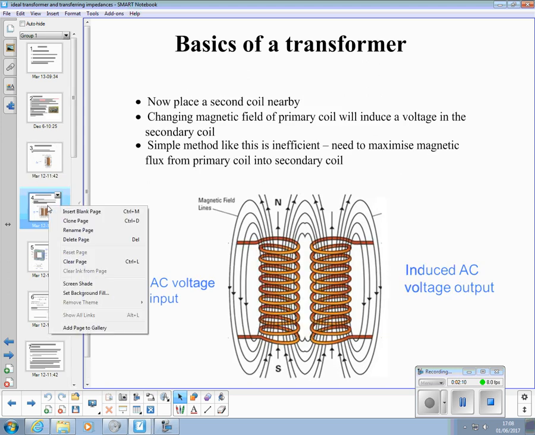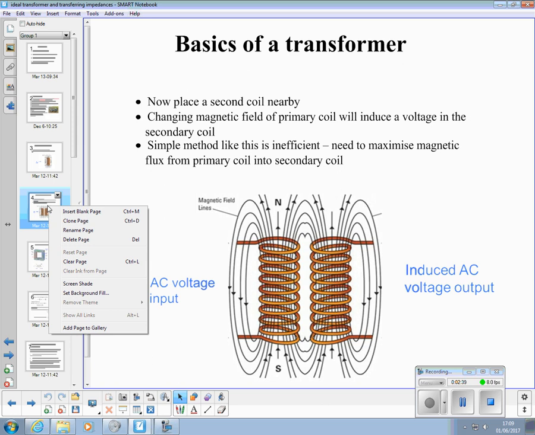If we then place another, secondary coil in close proximity to the first one, with no electrical contact in terms of conduction of electricity, the expanding and collapsing magnetic field in the first coil is cutting across the conductors in the second coil, and that induces a voltage in that second coil.